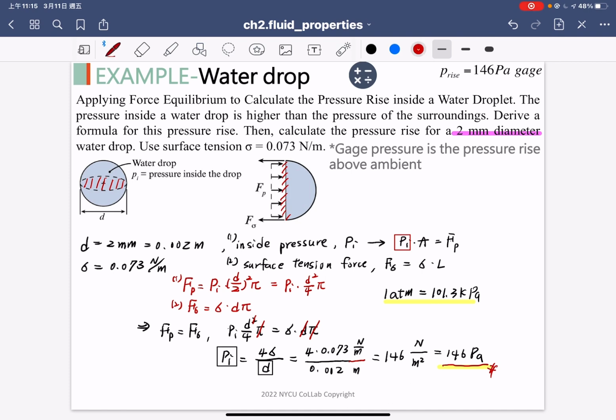So the idea is, for smaller diameters, you need to increase the inside pressure. In other words, if you would like to have a larger diameter bubble, you need to decrease the inside pressure.